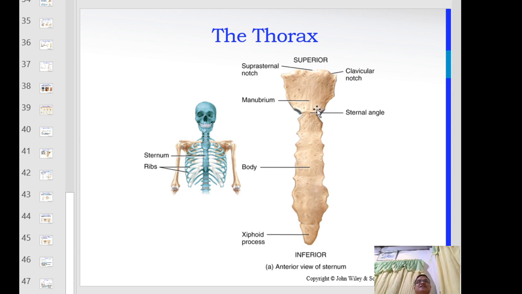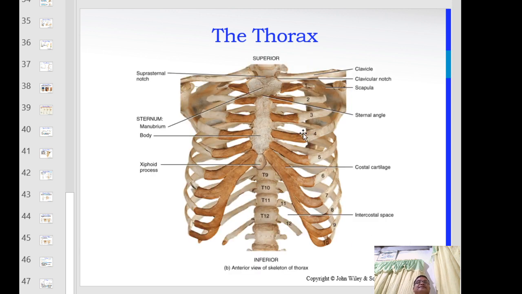Okay, so you have the sternal angle, xiphoid process, and then you have the body. So diri naka-attach na siyang ribs. So those ribs that attach to the sternum is considered as true ribs. There are 8 true ribs. Now kani siya.